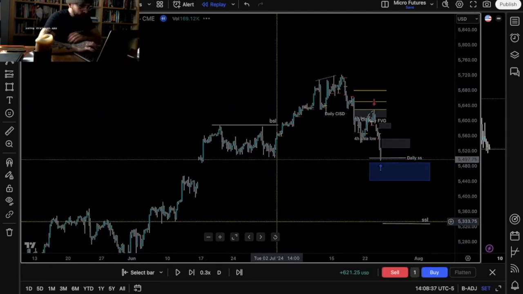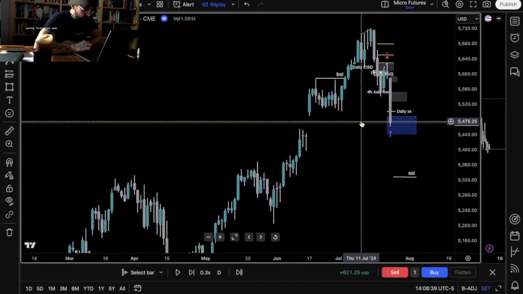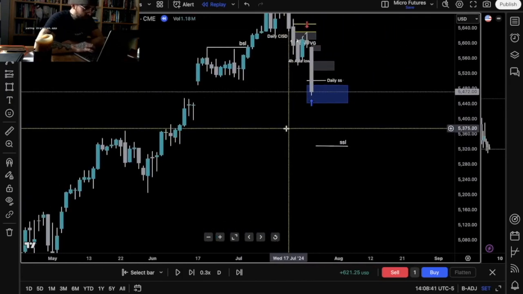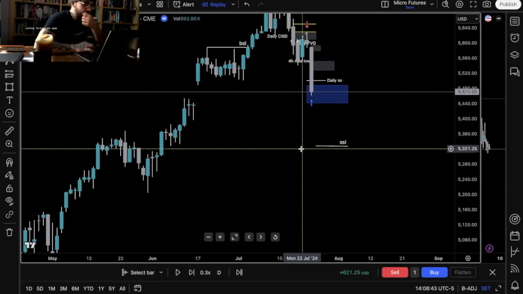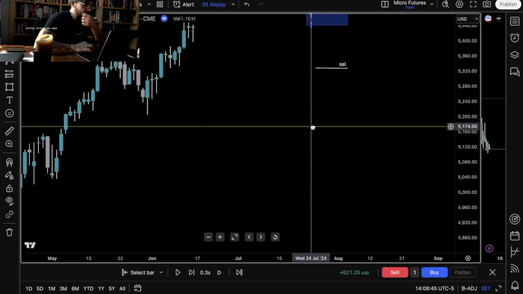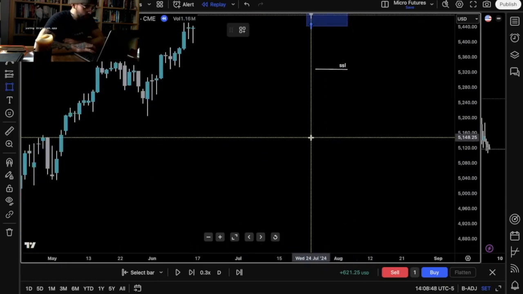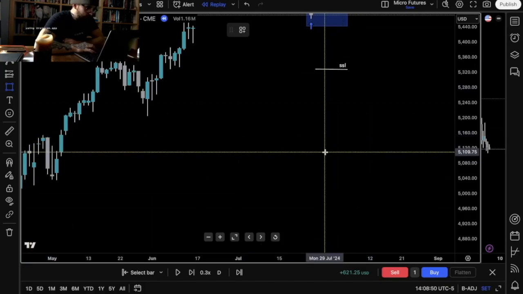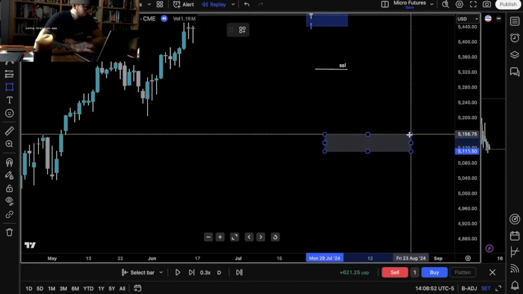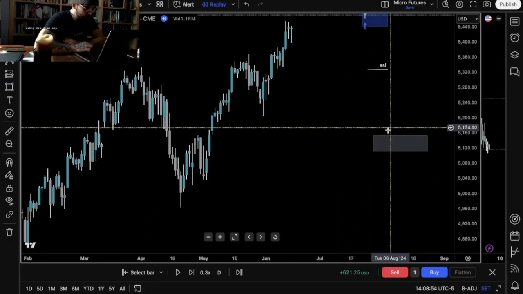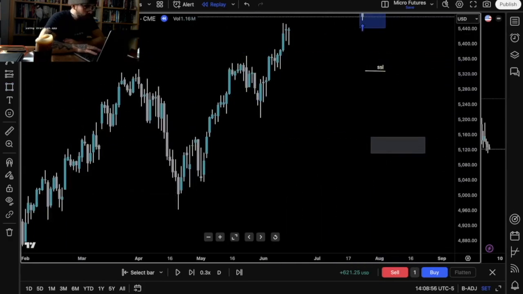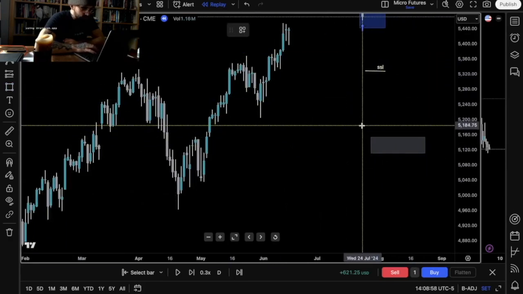So let me just check here for any gaps, any inefficiencies. Nothing really. We have one down here, but that'll be a couple days before we hit it, at least. So let me just get these daily levels drawn.